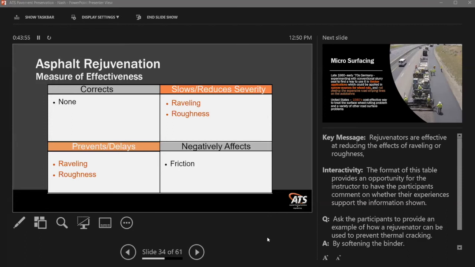We got 78%. We had 93% answer FDR, full depth reclamation. That was correct.